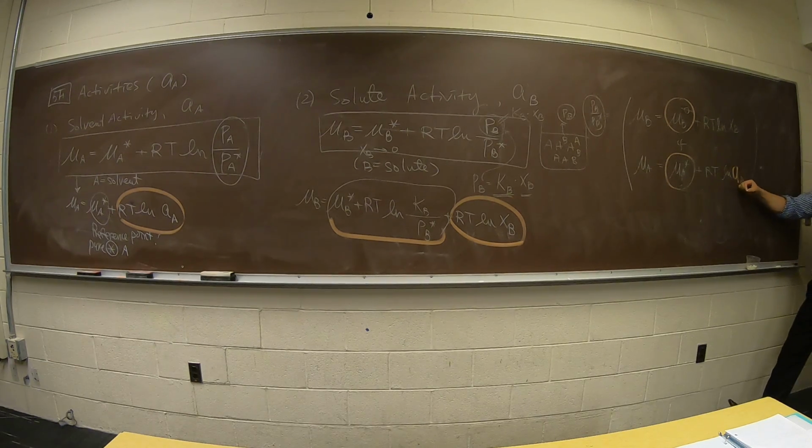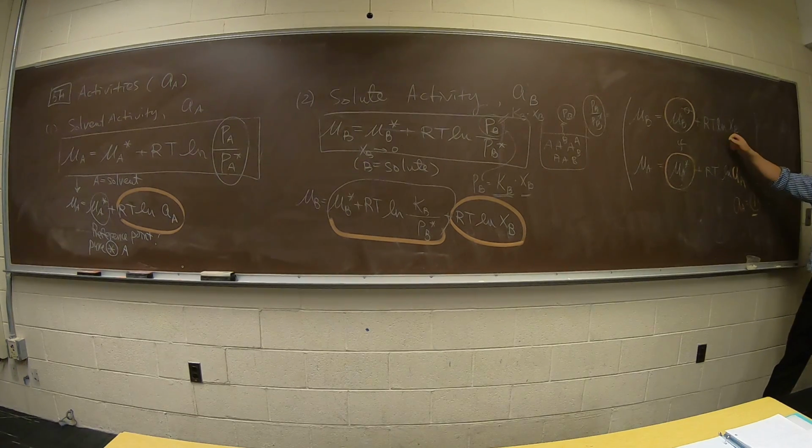Because now you change your description to something ambiguous. Like XA used to be straightforward, now it's ambiguous. This is a gamma A times XA, related to the mole fraction with correction factors in between. So this is something you can use as a fudge factor to correct for deviation from ideal solution behavior.